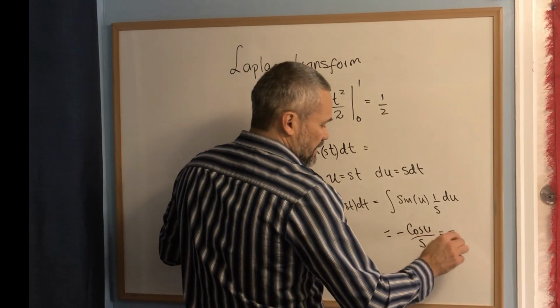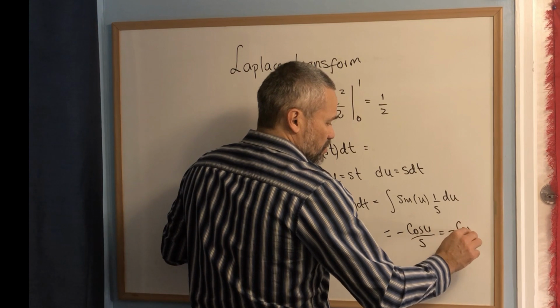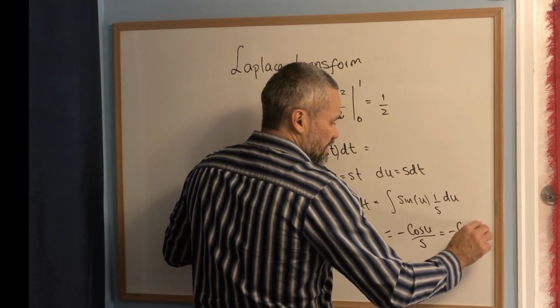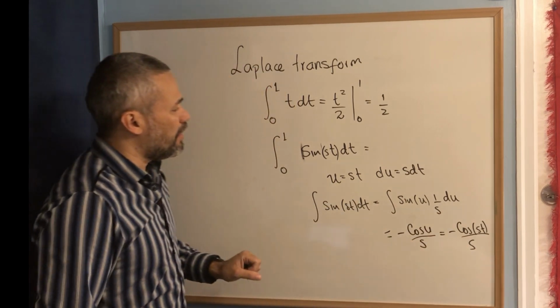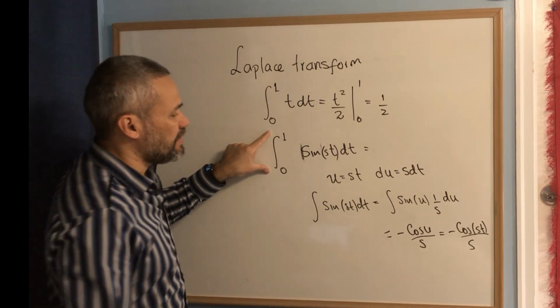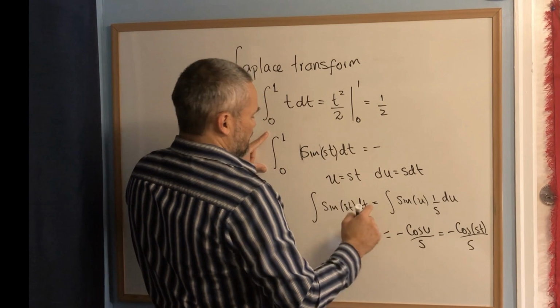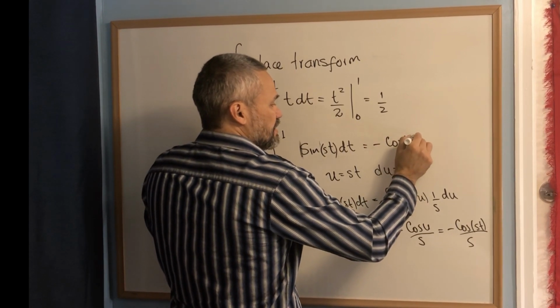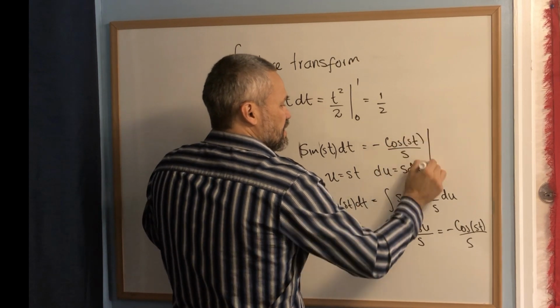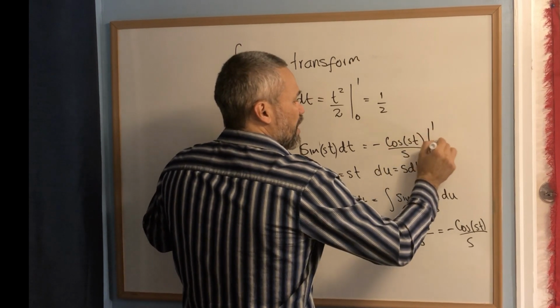That means that this is negative cosine of st over s. We replace u by st. That means that this antiderivative is negative cosine of st over s, evaluated from 0 to 1.